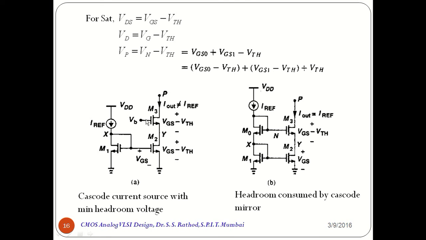For this cascode device, just observe that VD, which is nothing but VP, should be equal to Vn from this figure B minus VTH. So Vn is nothing but VGS0 plus VGS1. So we write here VGS0 plus VGS1 minus VTH. Now do the mathematical arrangement, that is minus VTH plus VTH. You will get here VGS0 minus VTH plus VGS1 minus VTH plus VTH.